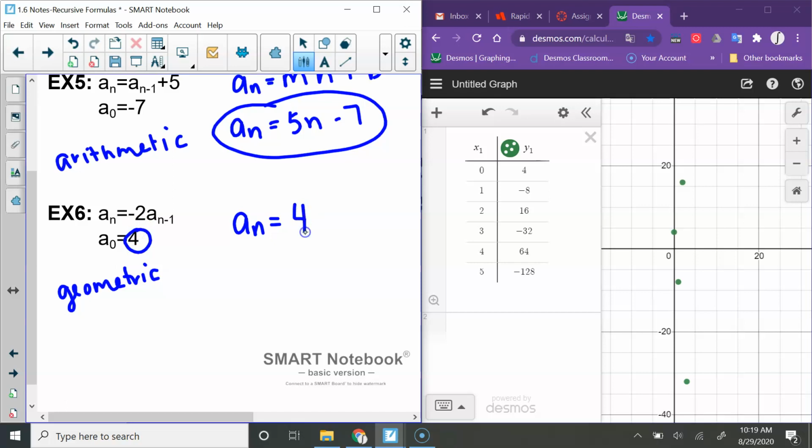So we have 4 times, and then the number you're multiplying by each time is negative 2 to the n power. So that a sub 0 is your a value out here, and that number that you're multiplying by is your b factor here, the growth or decay factor for this problem.